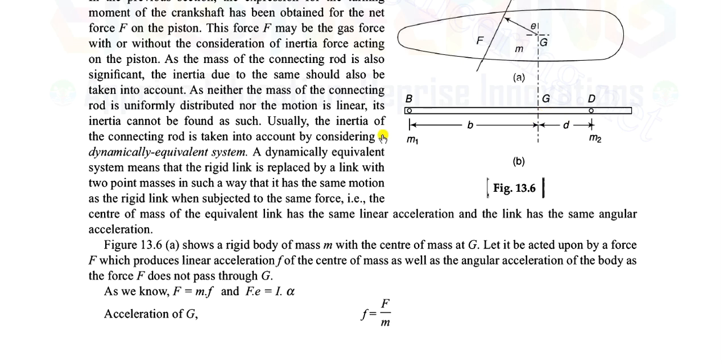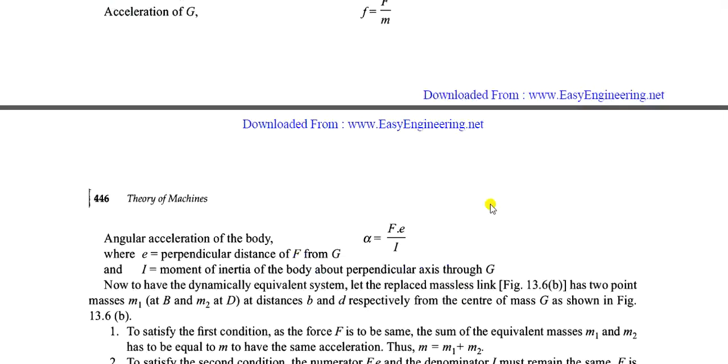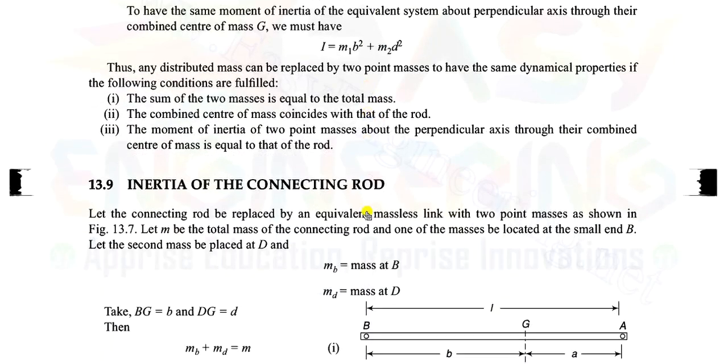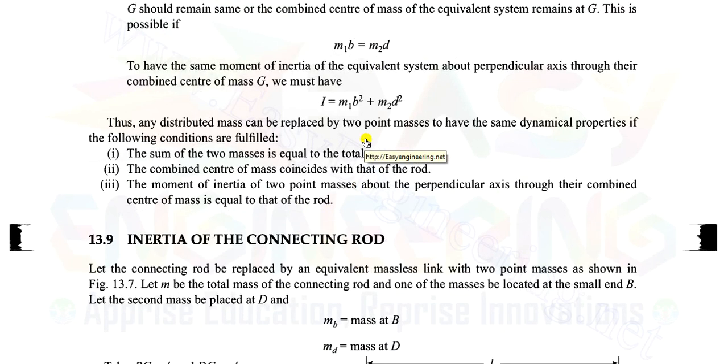So these are three conditions which should be satisfied to get a dynamically equivalent system. They ask this dynamically equivalent system in 5 marks or 6 marks problems in theory questions.